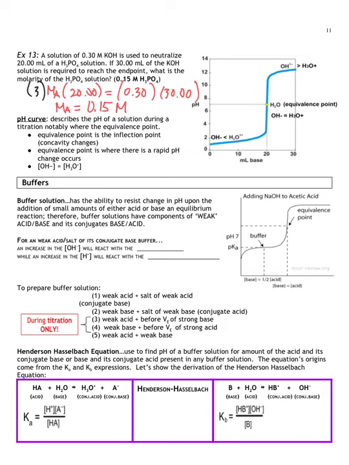Buffer solutions are what make this unit more challenging, or the most challenging. Buffers have a simple definition: any solution that has the ability to resist changes in pH upon the addition of small amounts of acid or base in an equilibrium reaction.